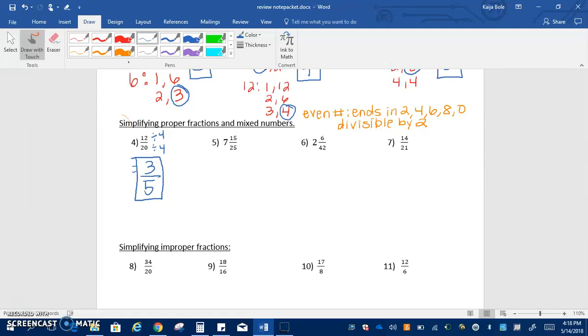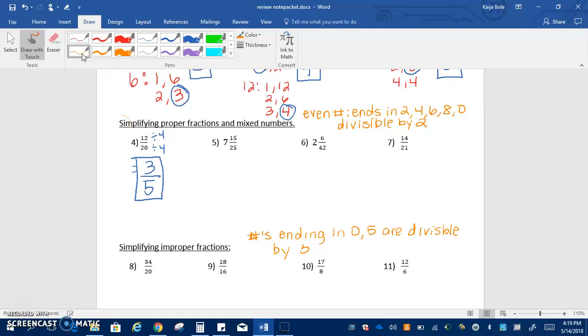Okay, now if we look at number 5 here, we have 7 and 15/25ths. So my other hint that I want you to write down is, numbers ending in 0 or 5 are divisible by 5 always.